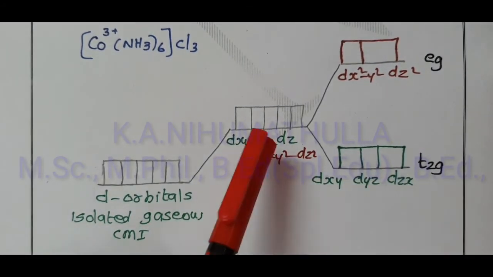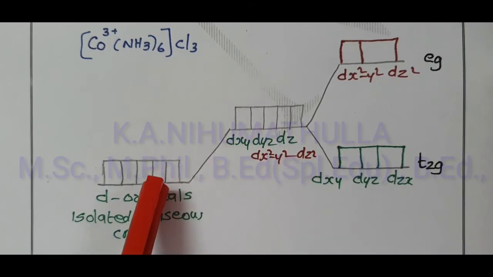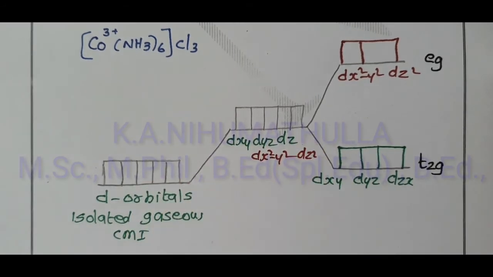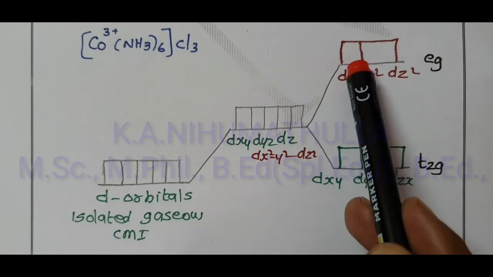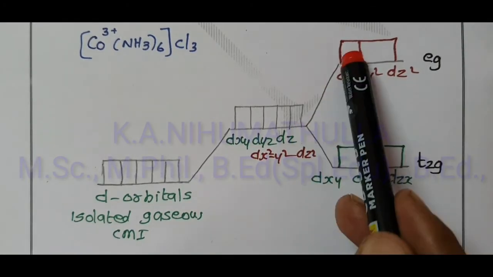The ligands approaching form a spherical field around the central metal ion. Due to high repulsive force, the 2 orbitals which are along the axis experience more repulsive force.